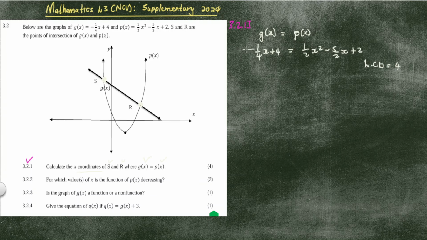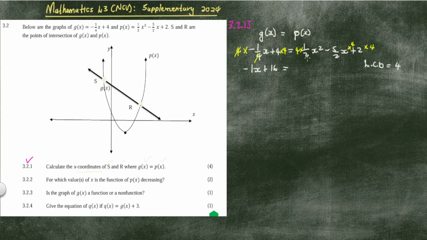So we take the LCD and multiply each and every term by 4. This 4 cancels that 4. I'm now left with minus 1x. 4 times 4, that's 16.